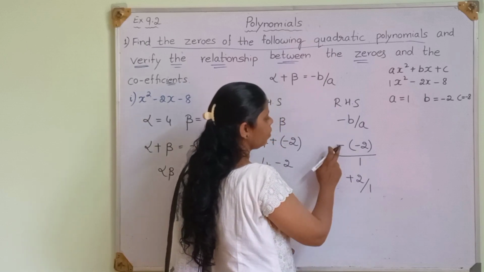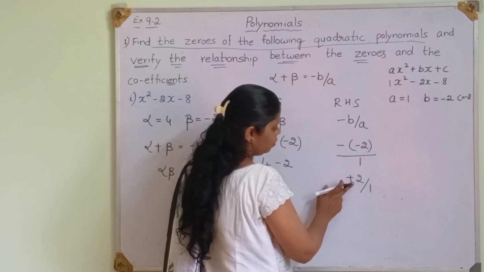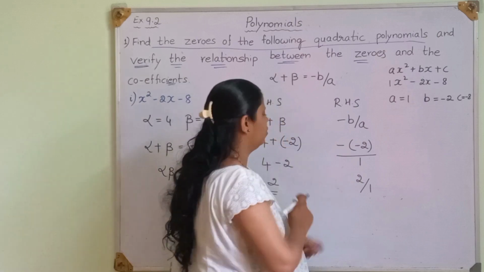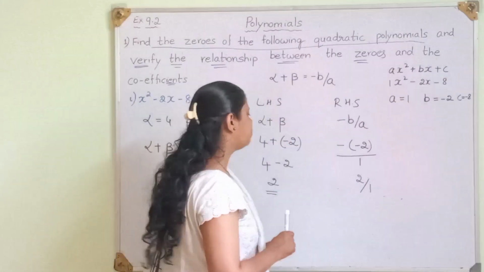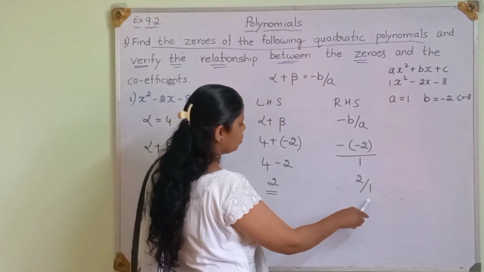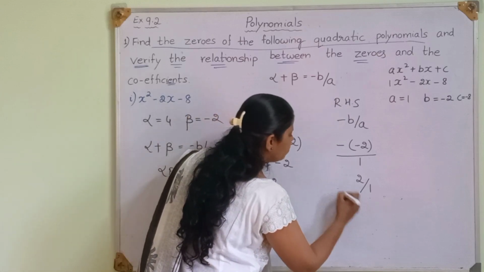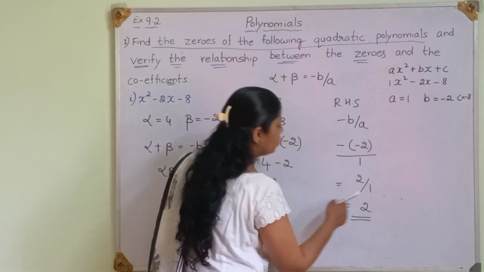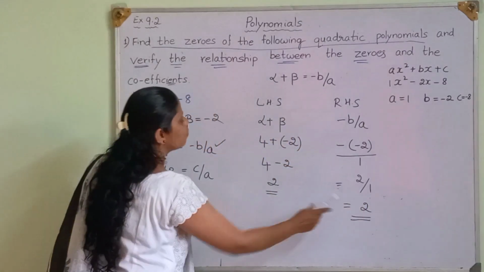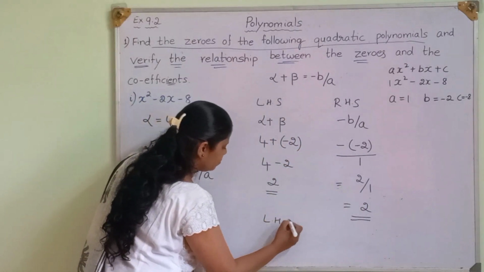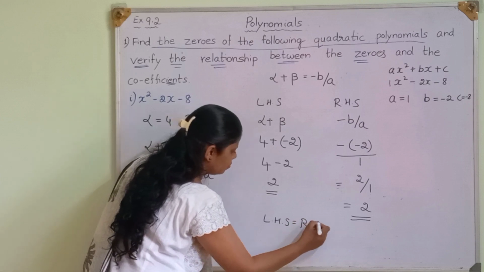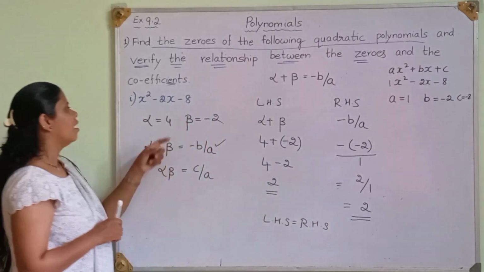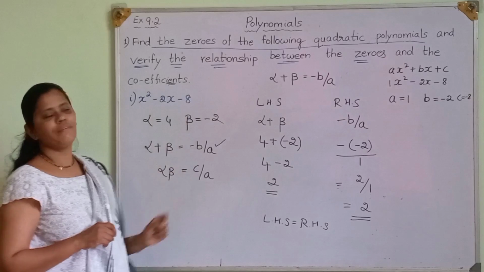Okay? Minus into minus is plus 2. You can write this symbol or no need to write the symbol. Say 2 by 1. It is nothing but what? 2 by 1 is nothing but what? 2. Therefore, LHS is equal to RHS. And this relationship is verified.